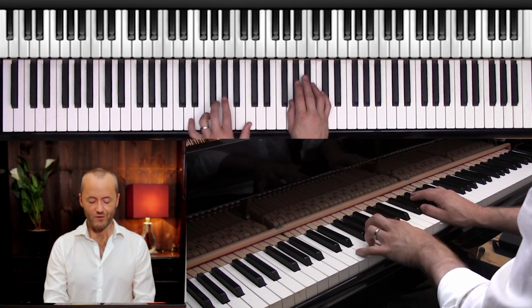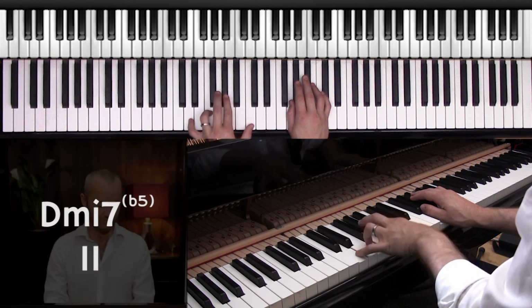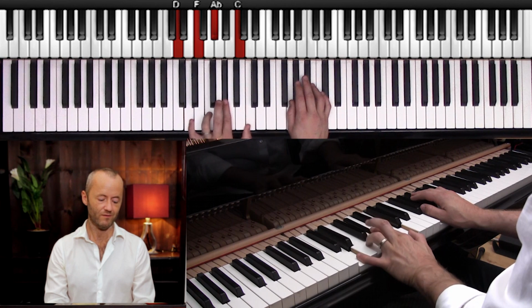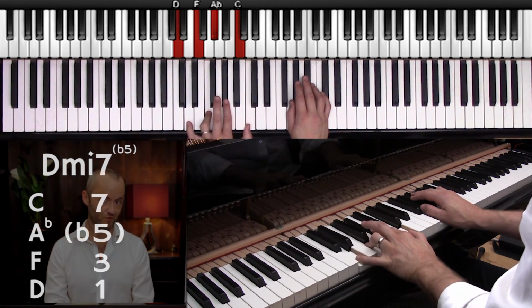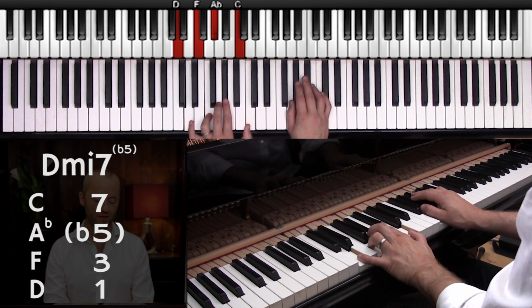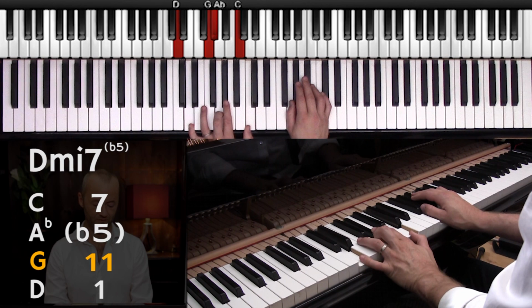So we're gonna have a look at the D minor 7 again. Okay, so we got the root, and then we got the minor 3rd, and then we got the flat 5, and then we got the 7. But instead of playing the minor 3rd, you actually play the 11th instead. So you're playing the G instead of the F.